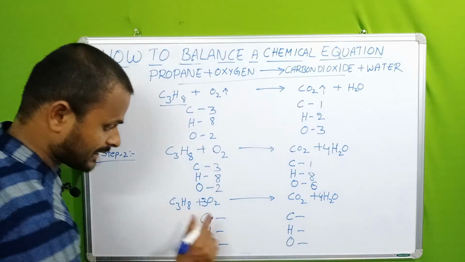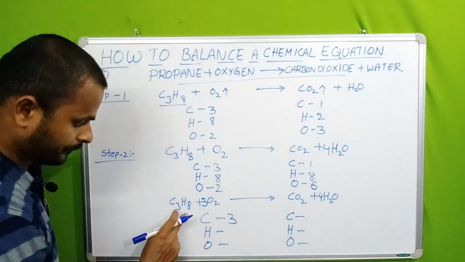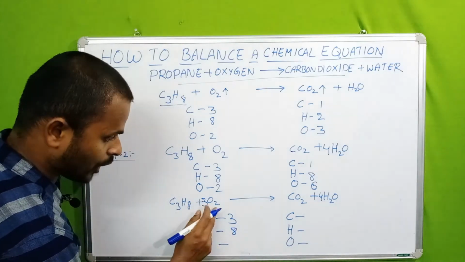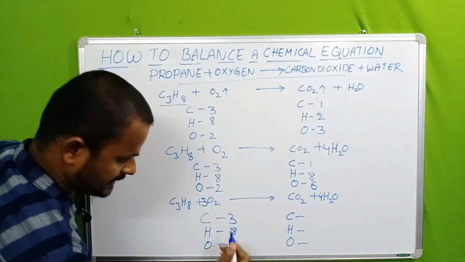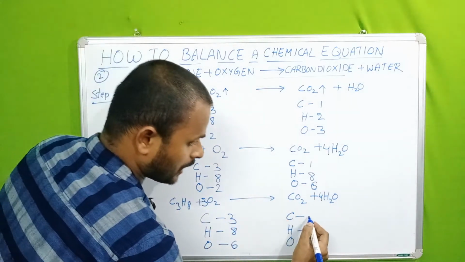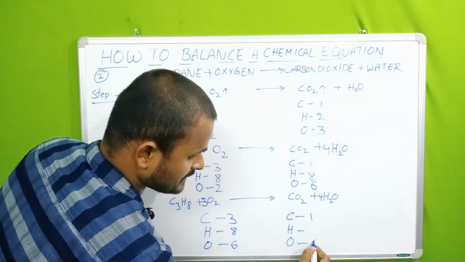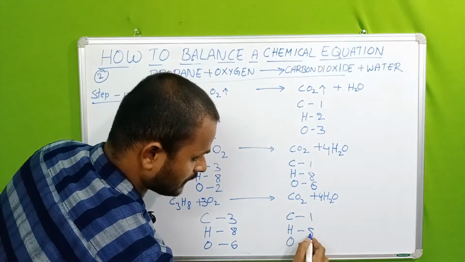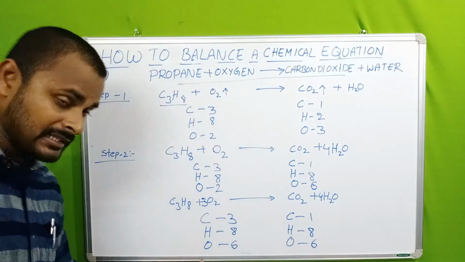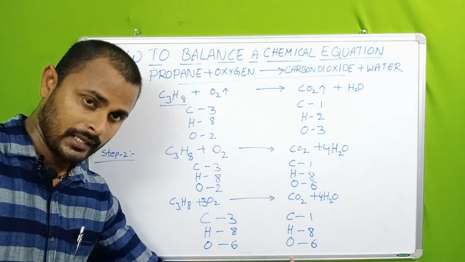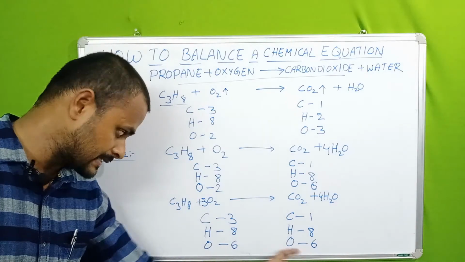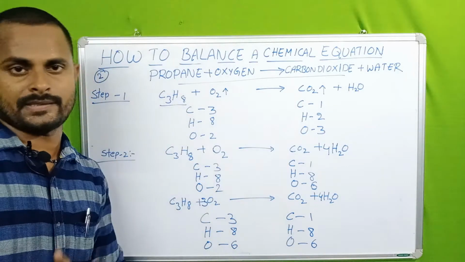In the reactant side carbons are 3, hydrogens 8 and oxygens 3 2s are 6. In the product side carbons are 1, oxygens 2 plus 4, 6, and hydrogens 4 2s are 8. By observing the reactant side and product side, the oxygen number is balanced and hydrogen also balanced.